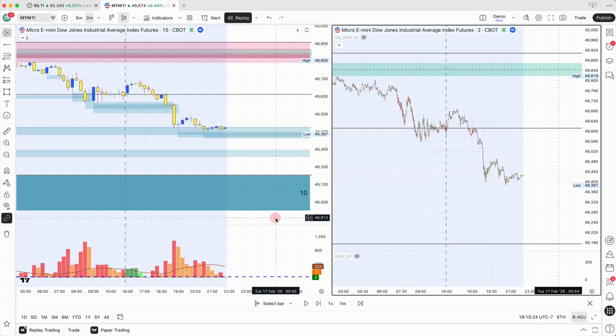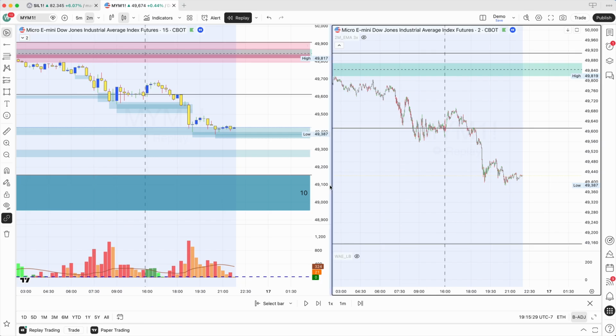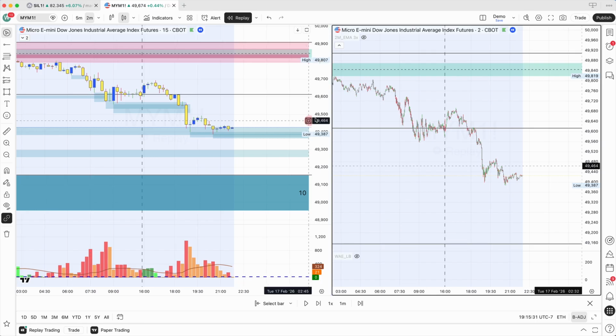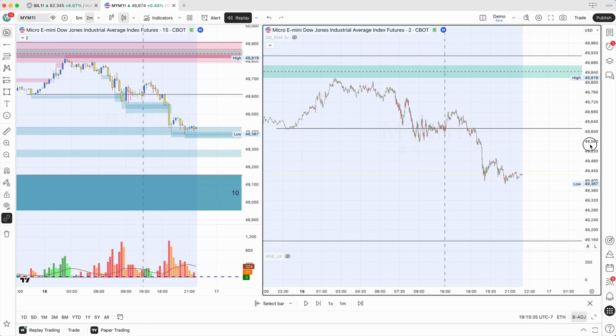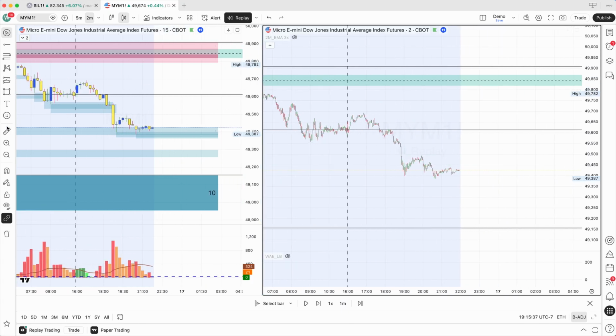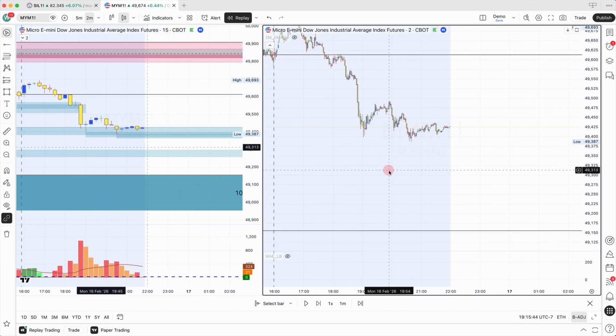So now I'm ready to start my replay, and I will start my replay by making sure I'm in the 2-minute chart, because the 2-minute chart is where I want to take my trades. It's where I want to determine my trade entry and exits.